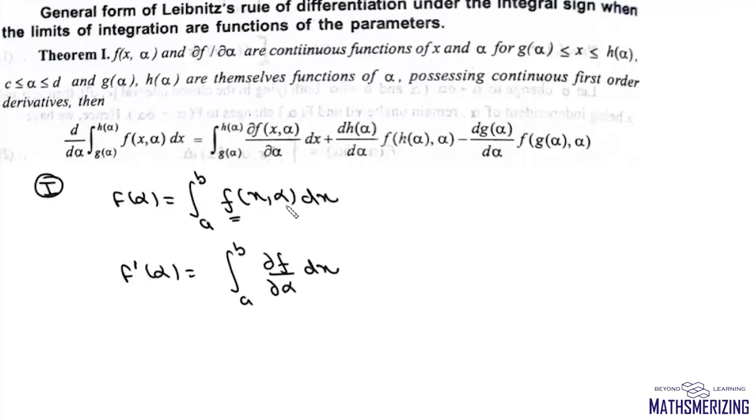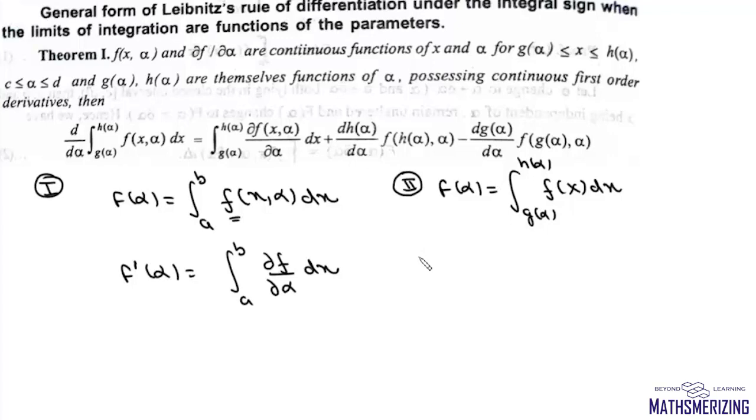So this is the first form of the Newton-Leibniz formula, when the limits are constant but the function has some parameter alpha. Now the second form is when the limits are variable. Say for example we have the limits g(alpha) and h(alpha), but the function inside the integral doesn't have the parameter alpha. Again, if we solve this, we'll get some function of alpha, say F(alpha).